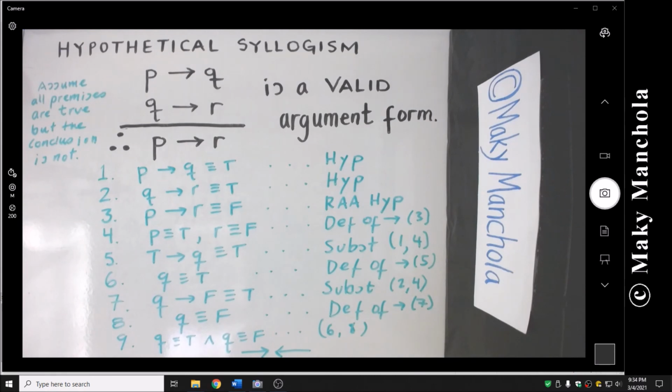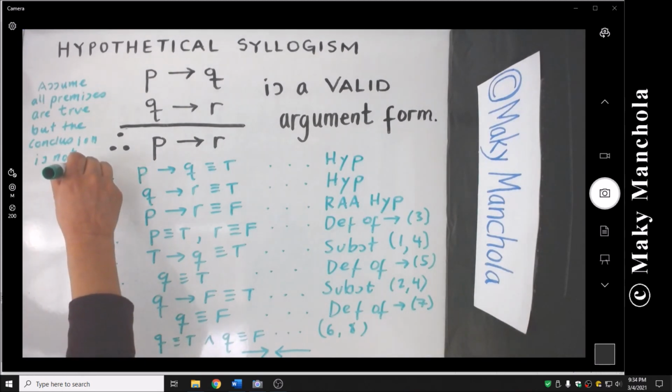Now that we have reached the contradiction, what does that mean? That means that our assumption that all premises are true but the conclusion is not cannot hold. So, what does that mean?